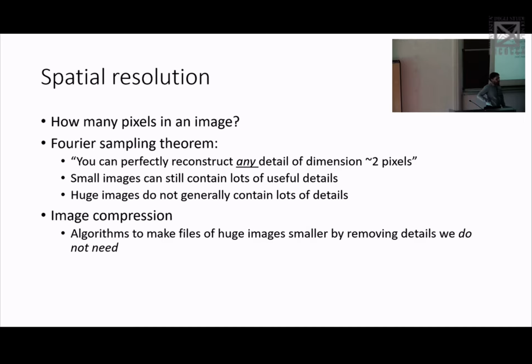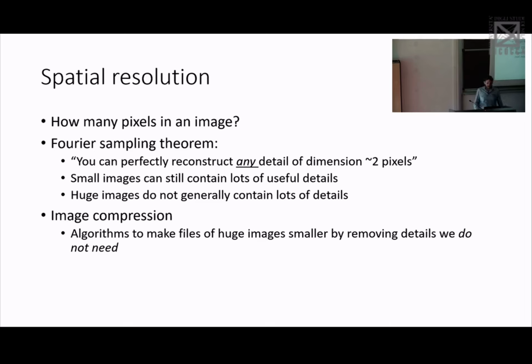Now, you probably know the sampling theorem, under the name of Fourier, Nyquist, Shannon. It says, in a less strict version than the mathematical one, that you can reconstruct perfectly any detail of dimension around 2 pixels. Therefore, small images can really still contain a lot of useful detail.